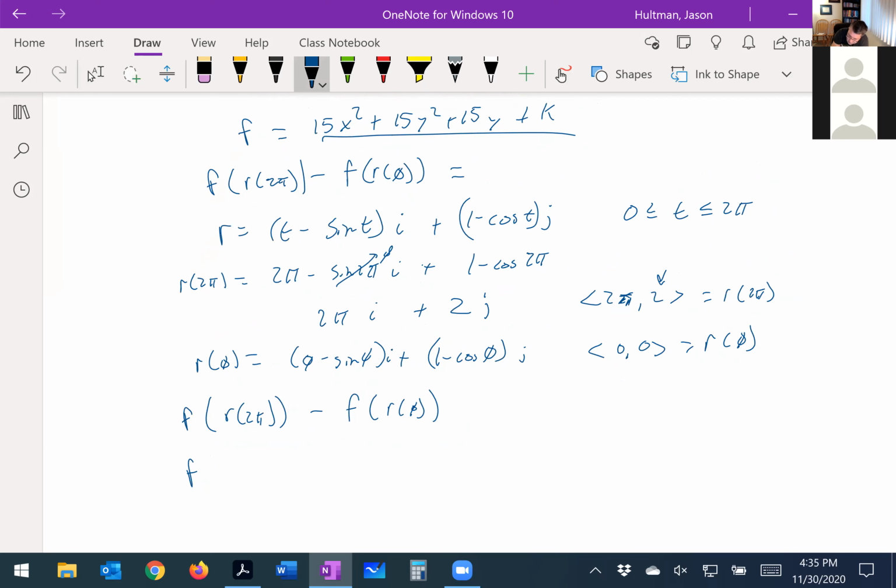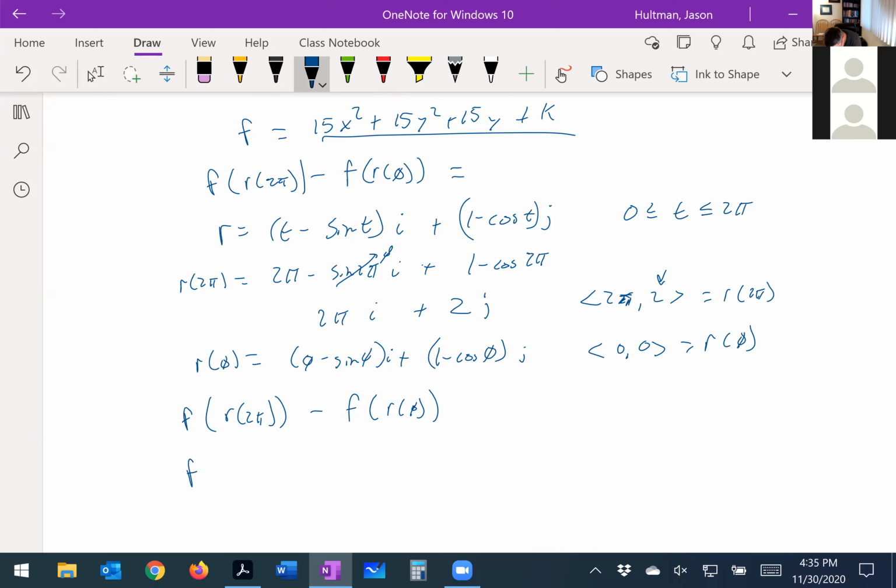I don't know if this helps, but I think it's possible that the R of 2 pi is 2 pi plus 0, because when you're looking at 1 minus cosine of t and then 1 minus cosine of 2 pi, would that not be 1 minus 1?